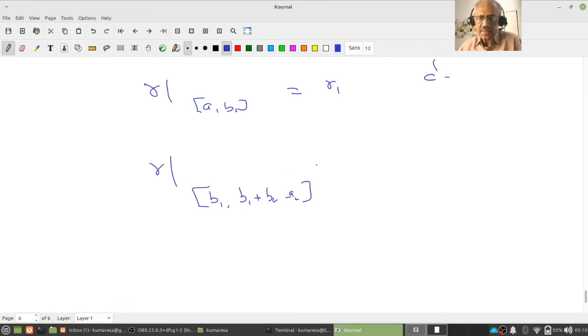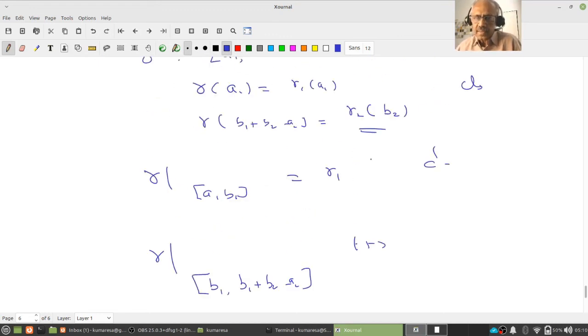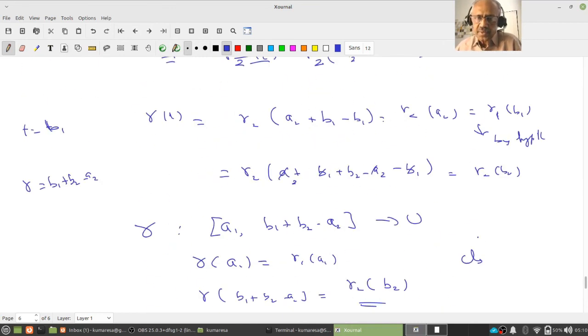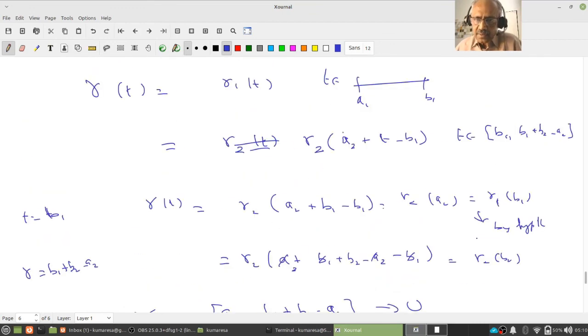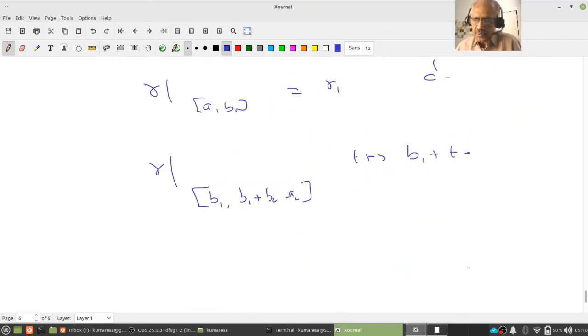Okay, what is the map? This is t going to a2 plus t minus b1, and that goes to gamma 2 of that. This map is of course C1. This is a first degree polynomial.